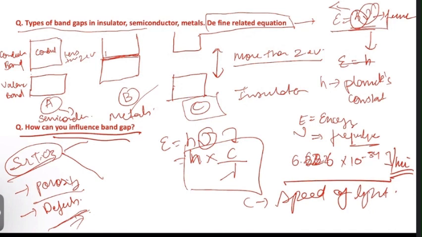No, I'm talking about defects even when we reduce the size. When particles are changed into the nano size, there is some change in their lattice parameter. So this creates some defects. Surface defects are also there. So that can also influence the band gap.